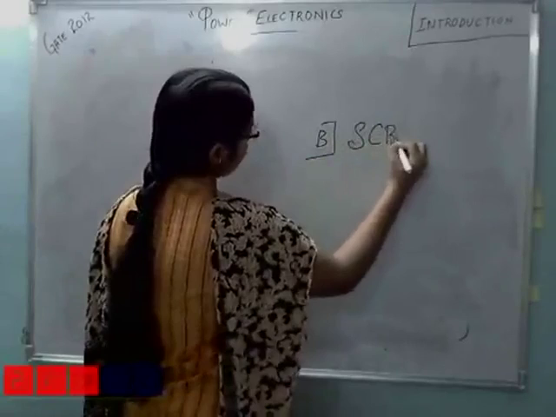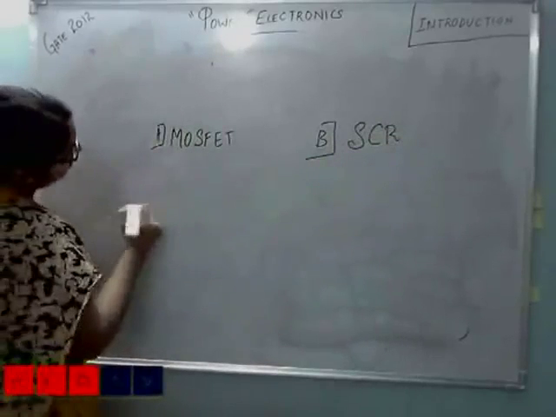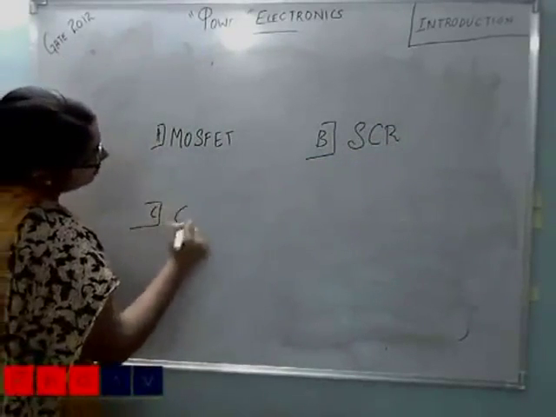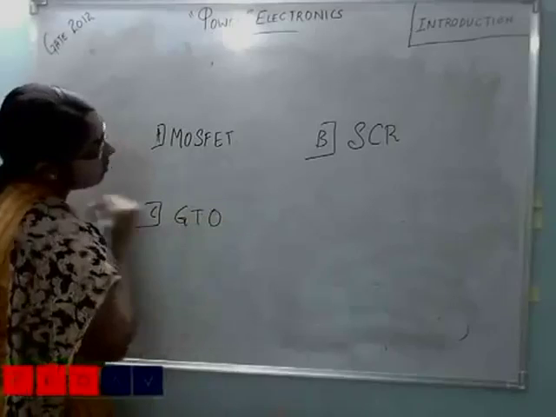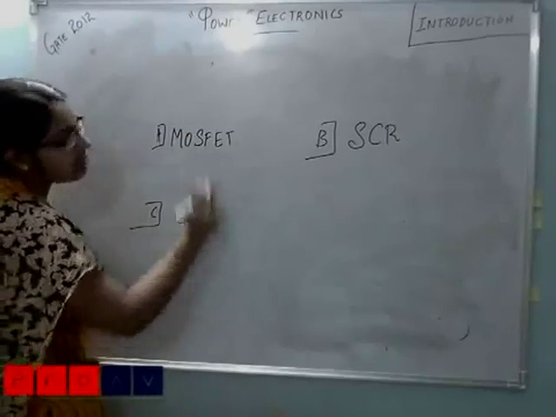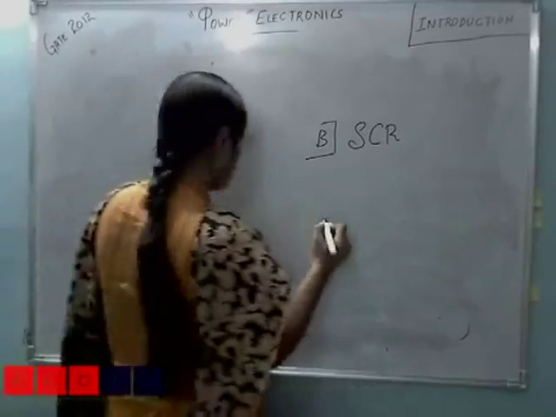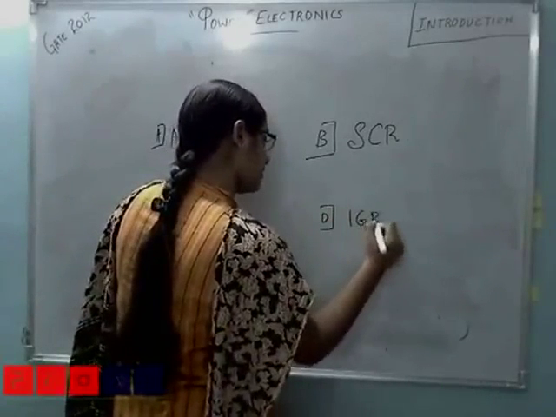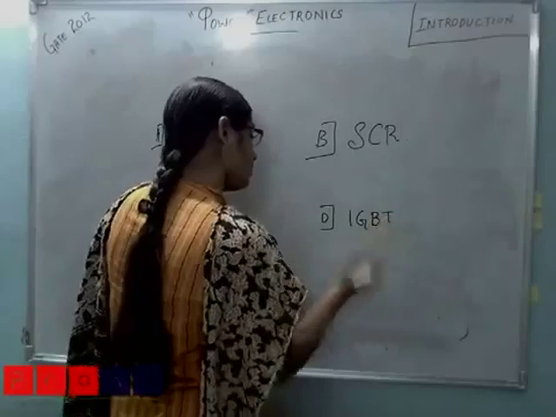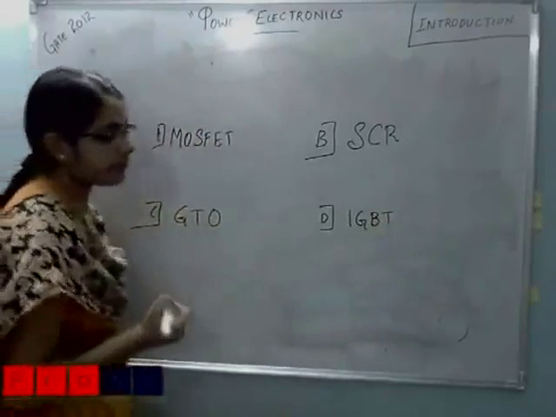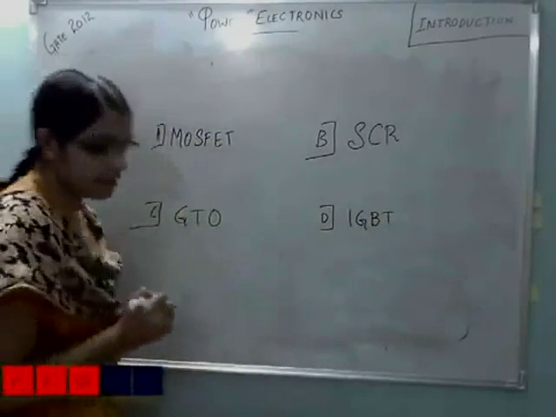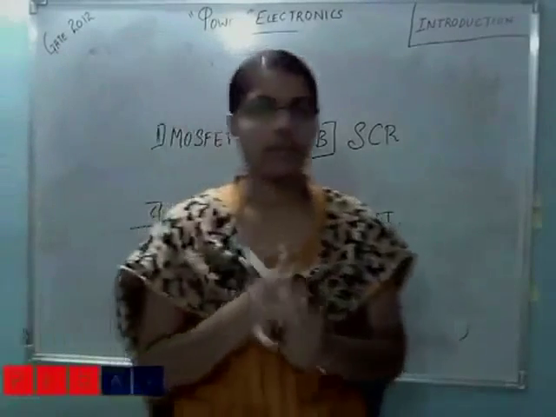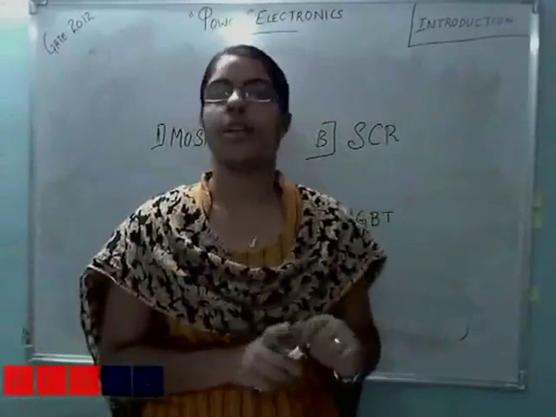Then in C, you have GTO, gate turn off thyristor, and D, IGBT. So there will be around 5 questions.